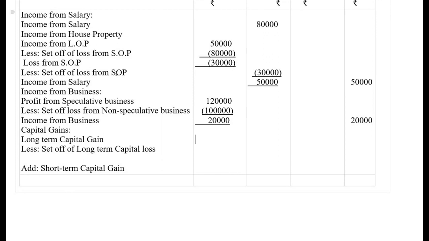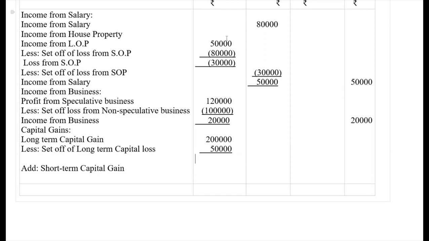Now let us substitute the values here. Long-term capital gain is given as rupees 2 lakhs less adjustment of loss here, 50,000. Let me underline this here. The difference here is 1,50,000.